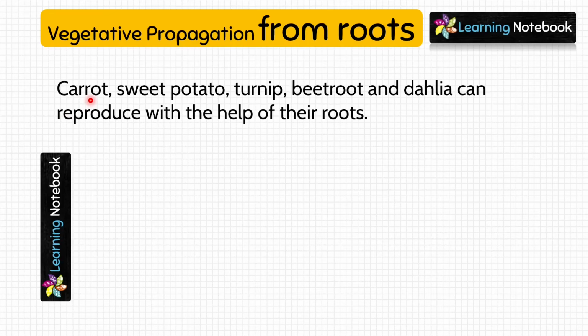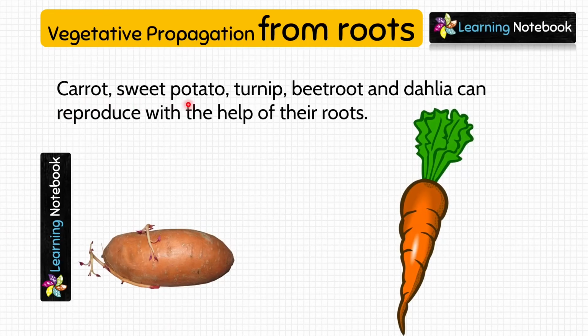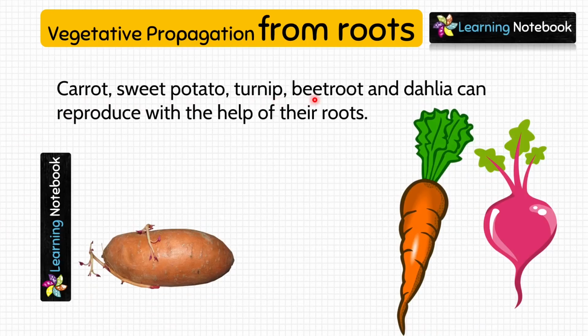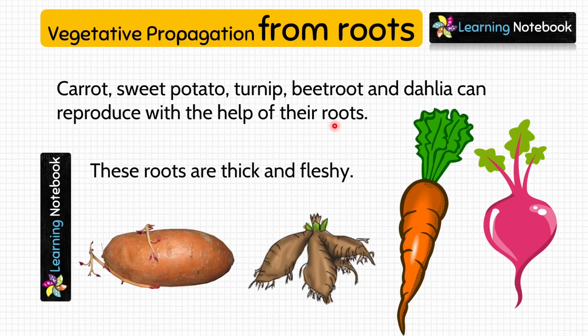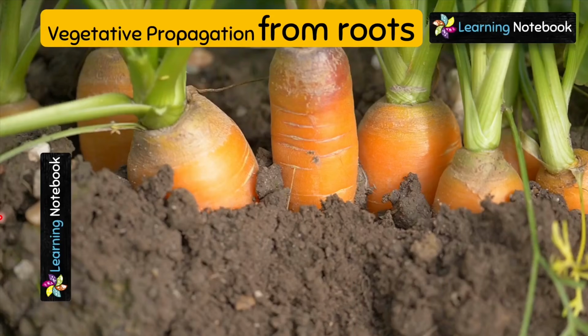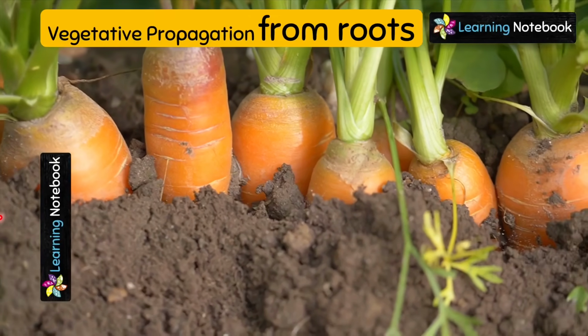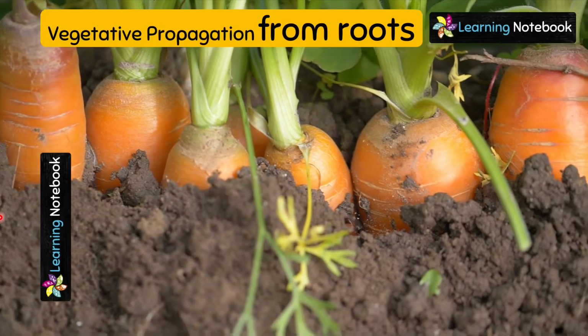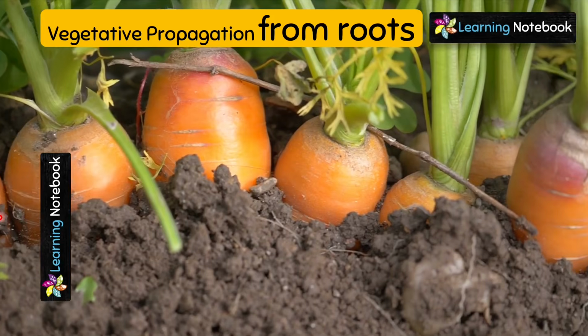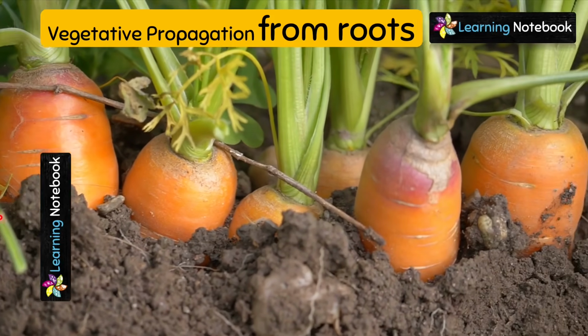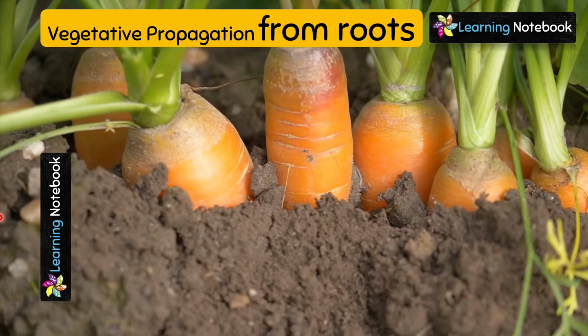Plants like carrot, sweet potato, turnip, beetroot and dahlia can reproduce with the help of their roots. Their roots are thick and fleshy. Now students, see here how new plants are growing from their fleshy roots of carrot that are in the soil. So this one was vegetative propagation from roots.